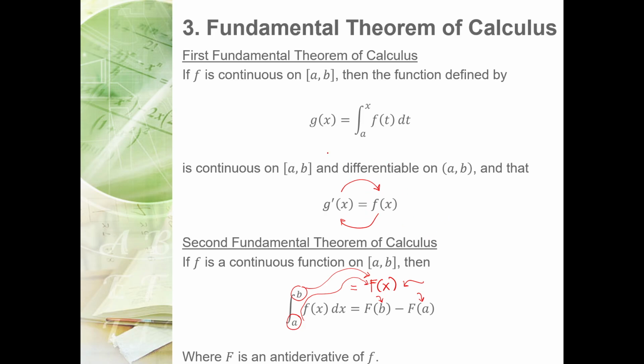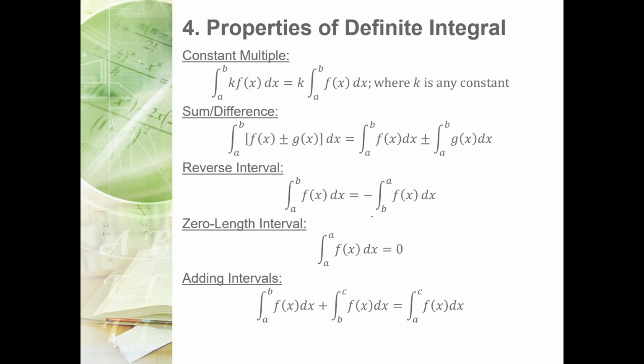So for you to be able to appreciate the definition of the second fundamental theorem of calculus, let's try to solve different problems. Before we go to problems, we have your different properties. For the properties, these are the same as your indefinite integral, just without the limits.